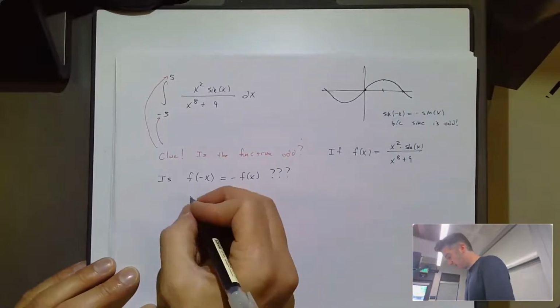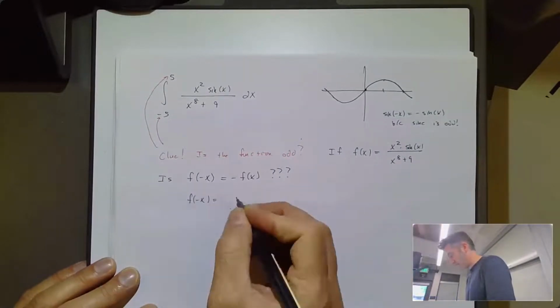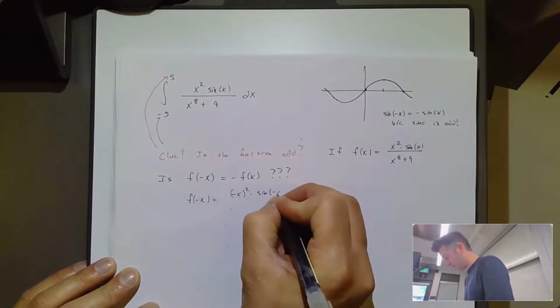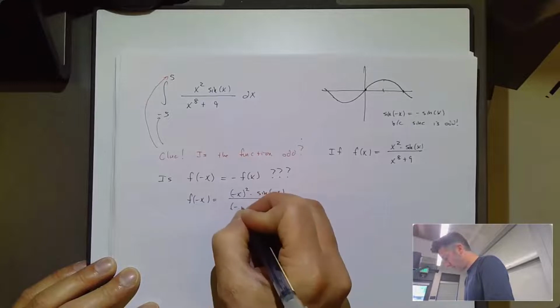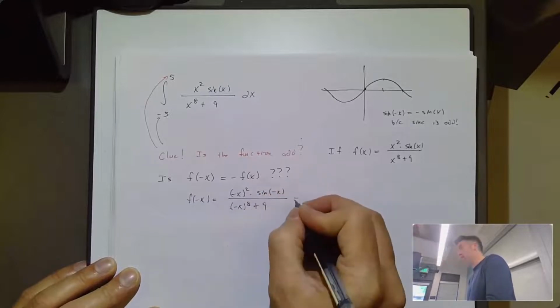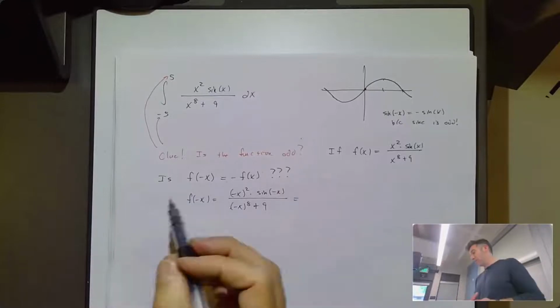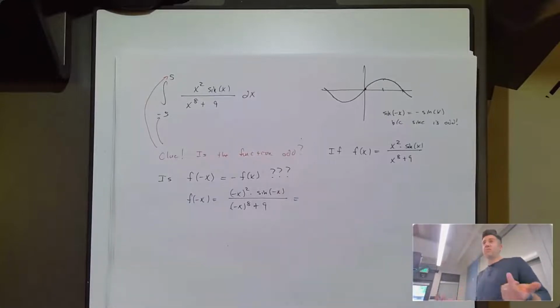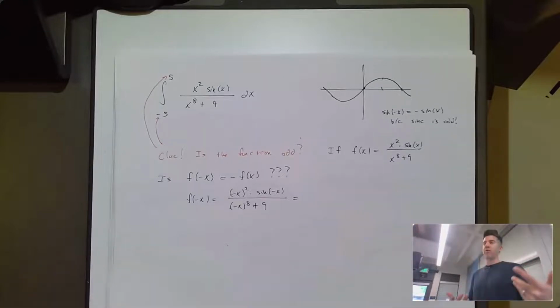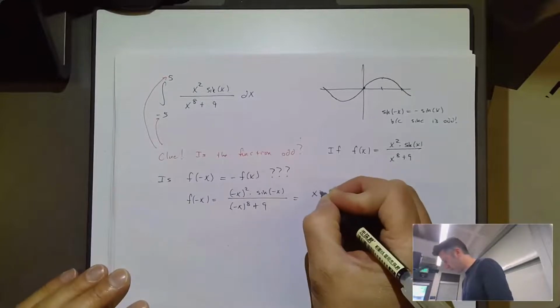If I look at f of -x here, f of -x is -x quantity squared times sine of -x over -x to the 8th, plus 9. Well, -x squared is just -x times -x, which is positive x squared. Or you can really just say -x to an even power is going to be positive x to the same even power. So we're going to get x squared.